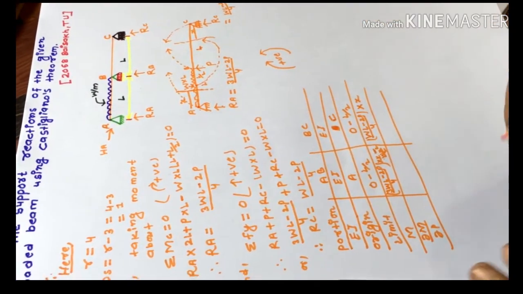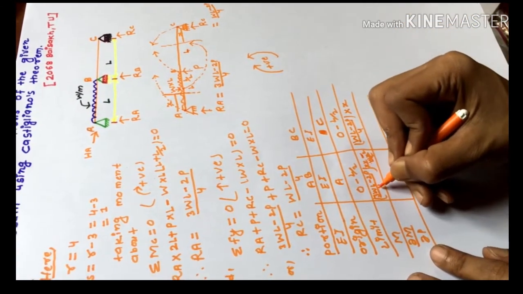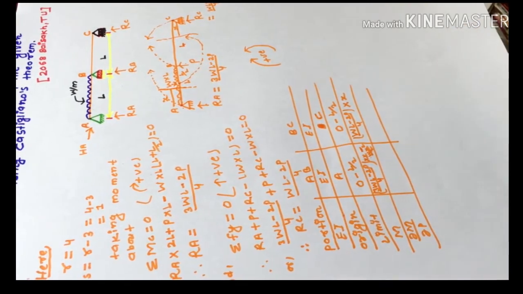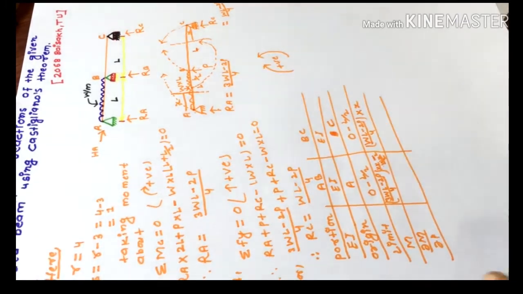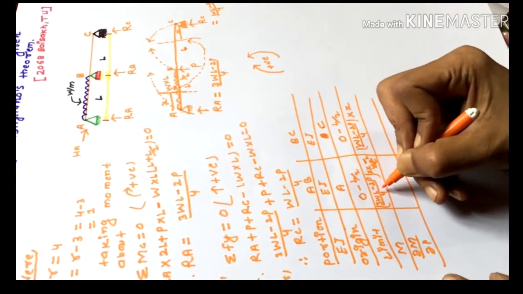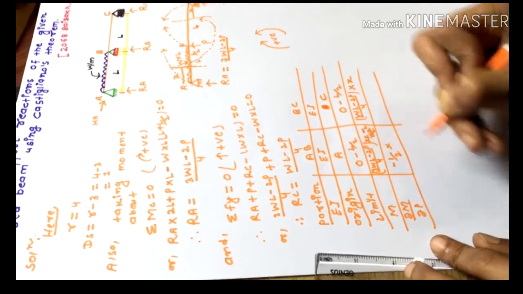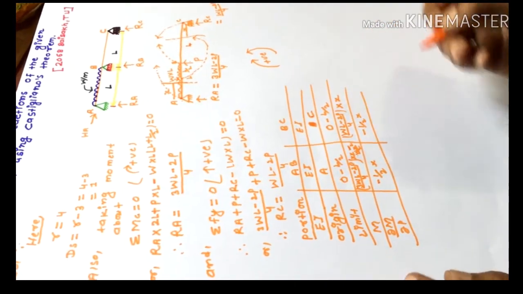Now next what we have to do, we have to take derivatives of both of these portions with respect to P according to Castigliano theorem. On differentiating with respect to P, we get minus 1 by 2 x and minus 1 by 2 x.